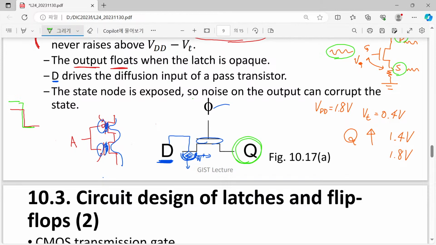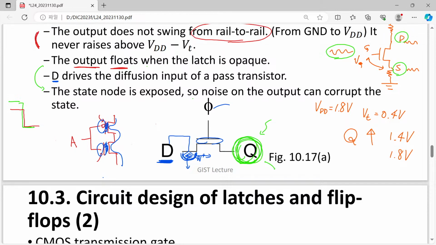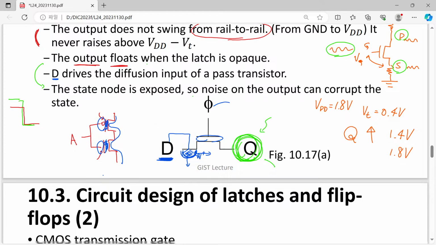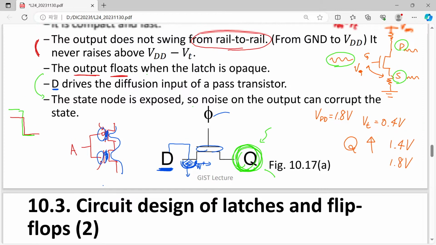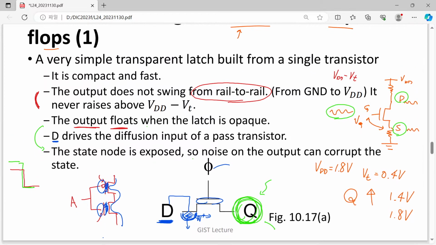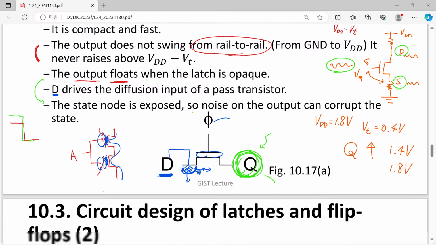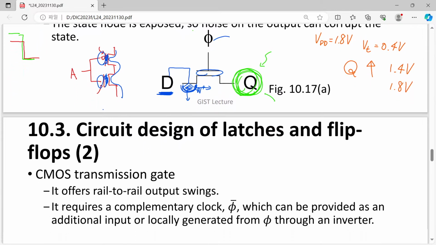This is quite related with this output. This node is just exposed, and if noise comes from other parts, then it can be disrupted by this noise. So in many ways it is not perfect, but this is really simple, one single transistor, so we have to try to improve it.